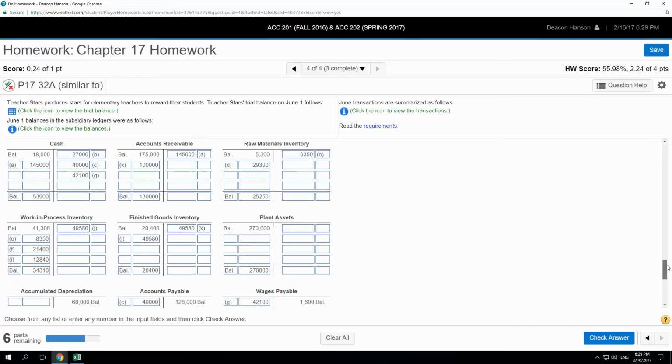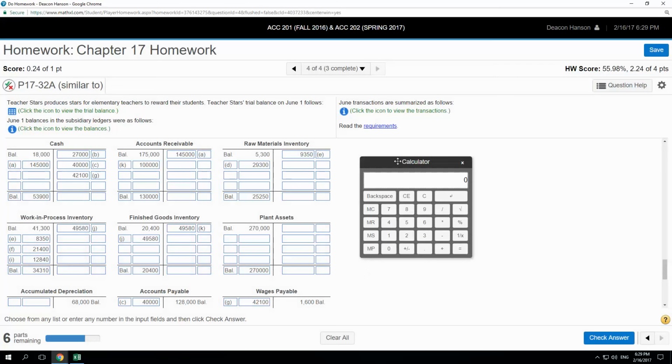And that's one reason to do the problem slow, right? Because then we don't have to jam ourselves up going back. I'm going to pick some of the bigger ones. Let's see. Say cash. Okay, cash looks okay.